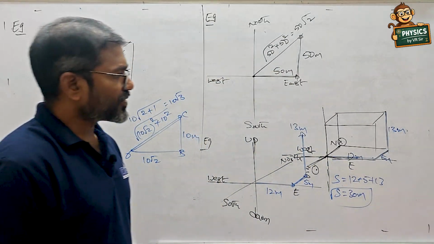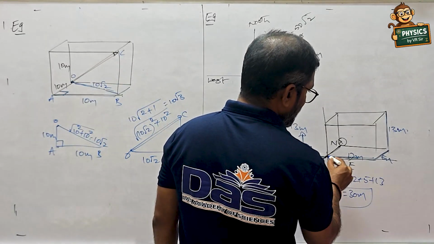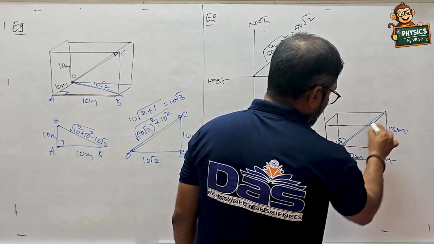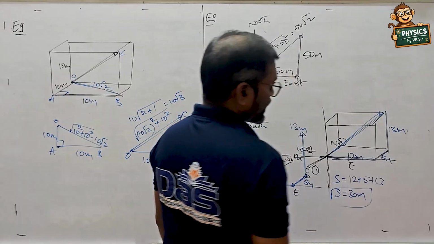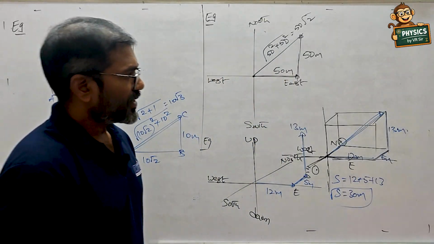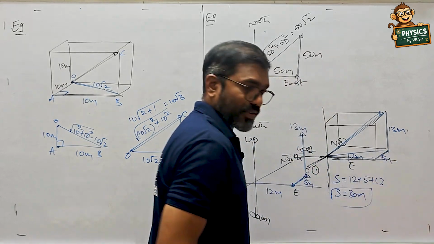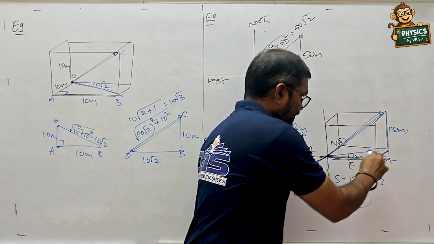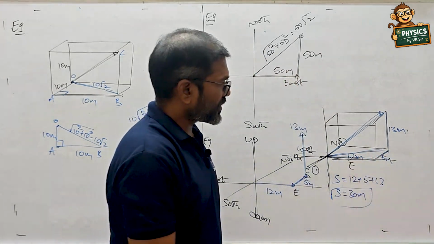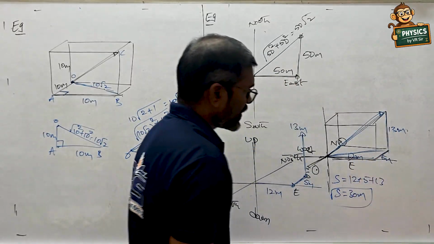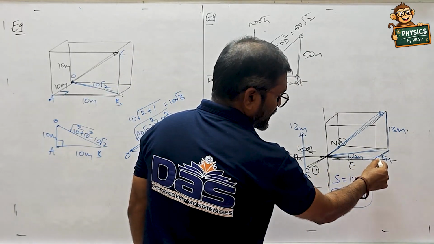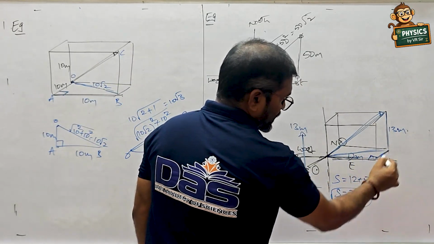And what about the displacement? Displacement should be from here to here directly, isn't it? Like a body diagonal. Now in that case, how to get it? First you should find out this distance. This is a right angle triangle, isn't it?